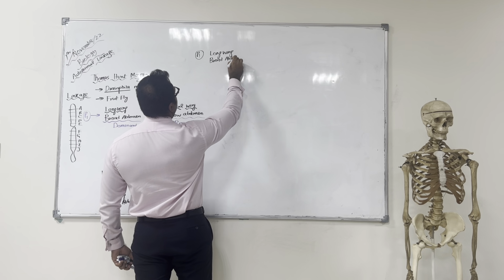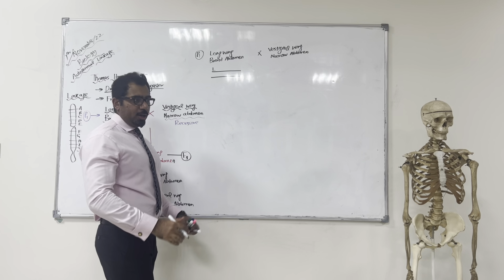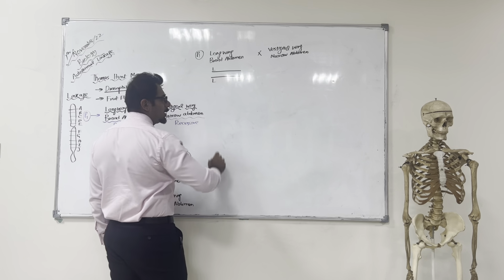Now, how do we represent it? We make 2 chromosomes. Let's suppose that we take capital L for the long wing. And remember, I told you this is true breed, pure breed. And for the broad abdomen, we take capital B, capital B. Now, for the vestigial wing, we can take small l, but we are taking VG.